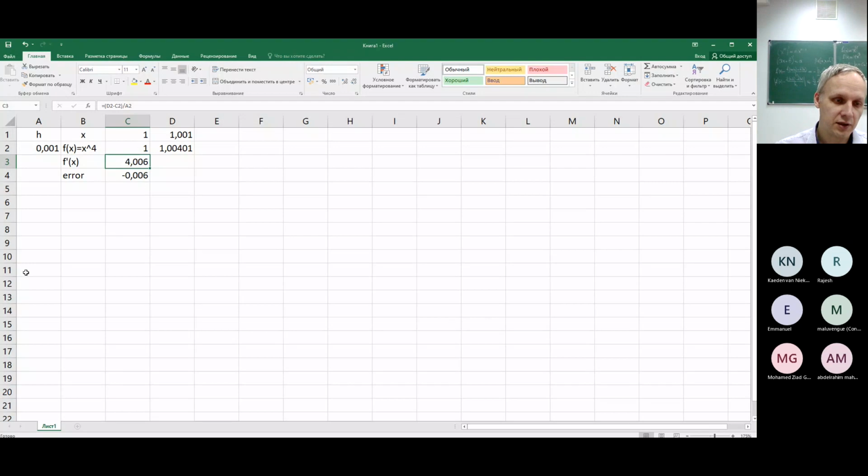The approximation becomes very close to the real value. If we take h again smaller, the error becomes 6 times 10 power minus 4, and so on. The smaller h we take, the smaller error we get.